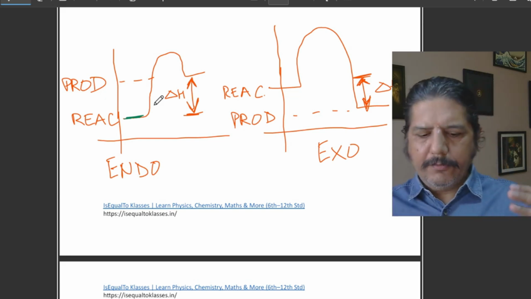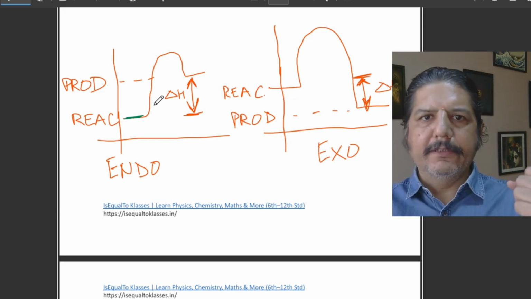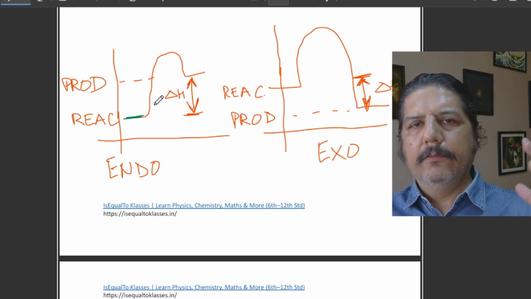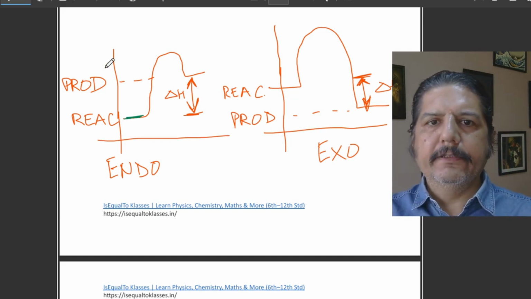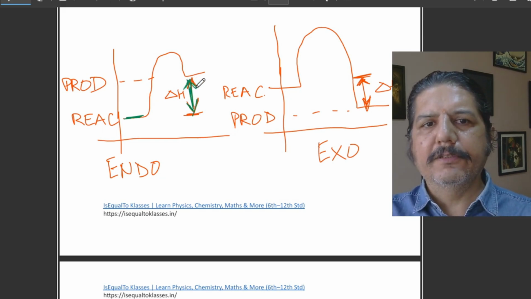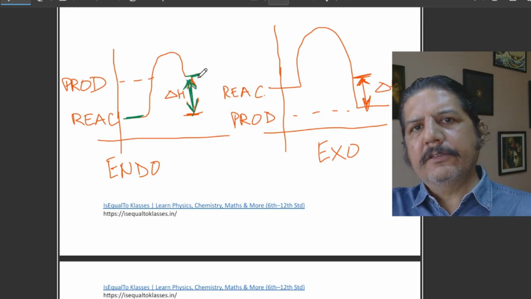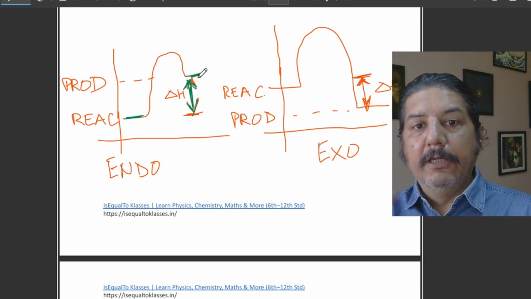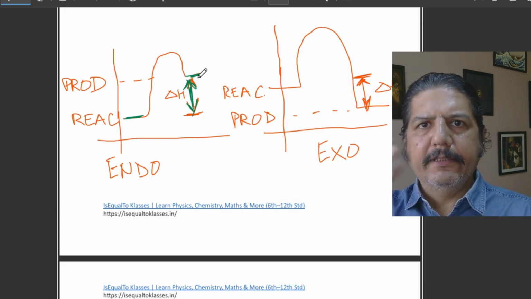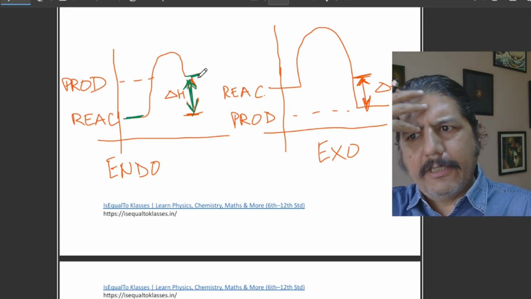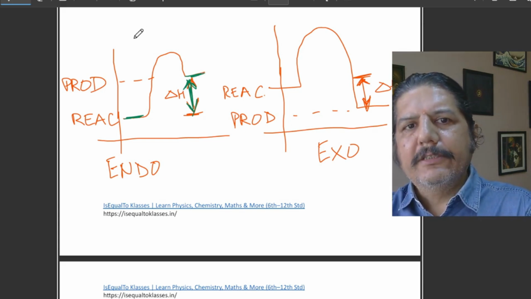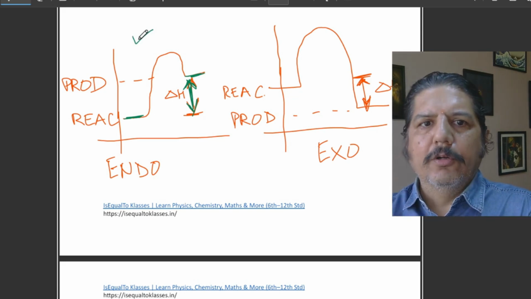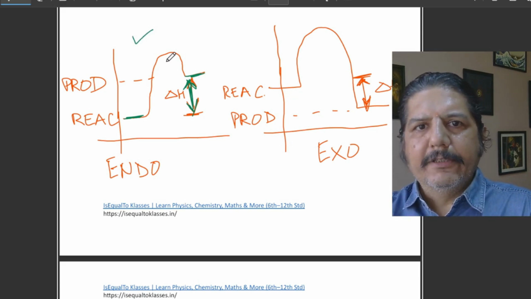Because net energy would be absorbed by the system, the energy of the products is more than the energy of the reactants. This is another way of looking at these reactions so that you can understand. This is how the graph of the reaction would look. This is the activation energy, represented by EA.